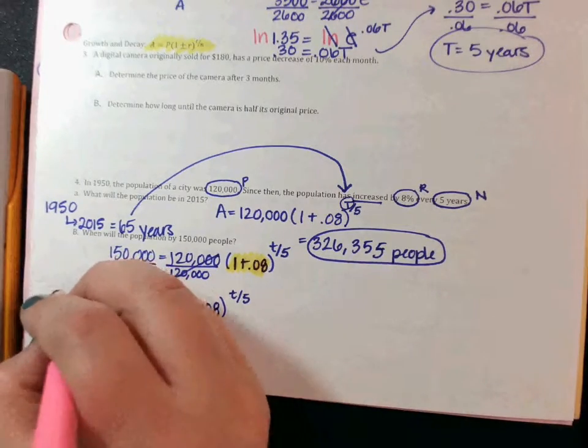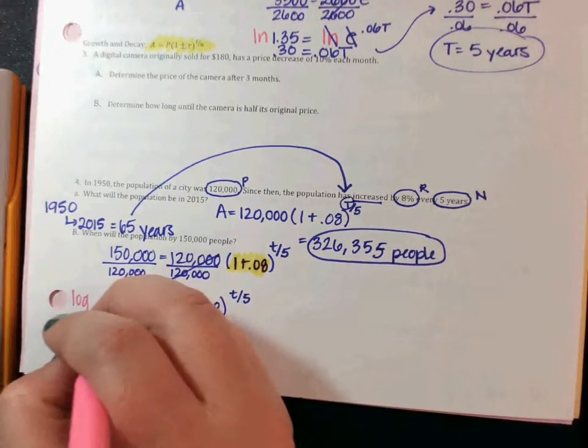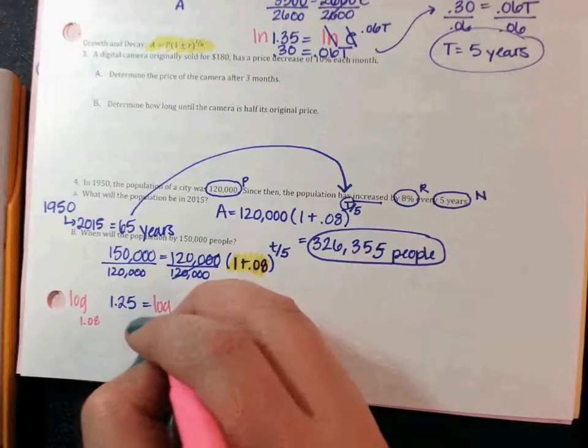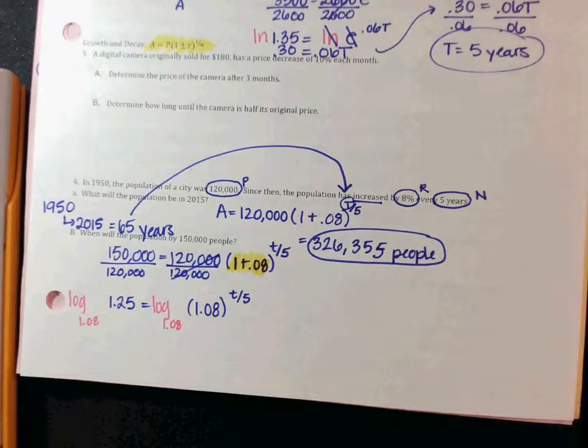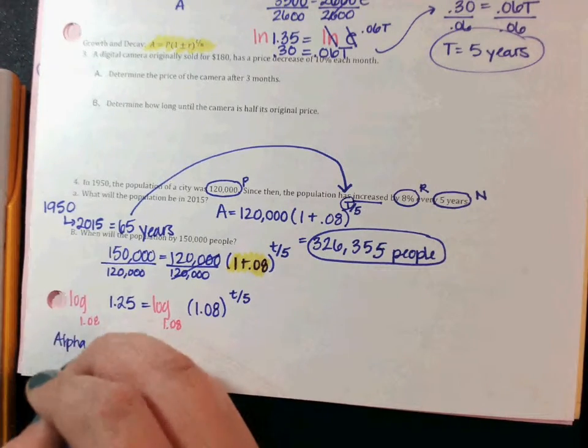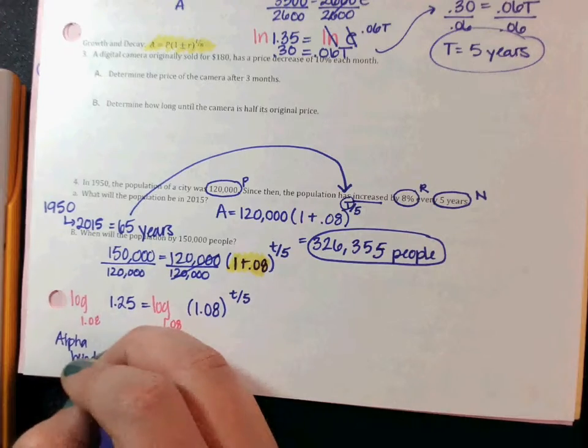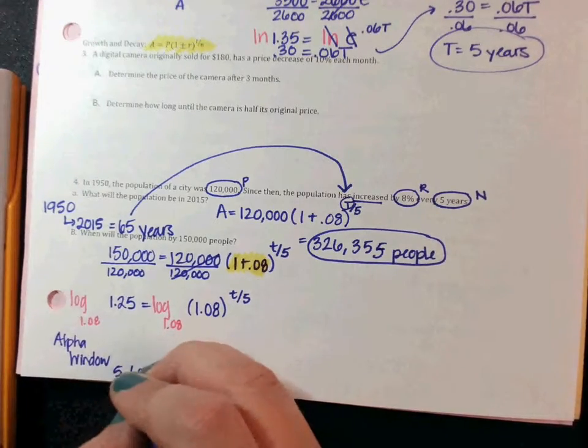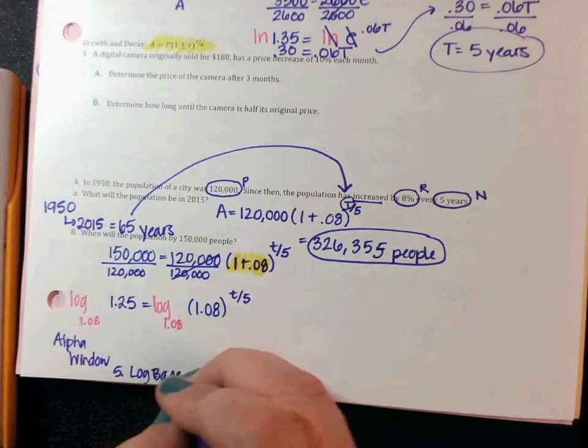So I'm going to do log 1.08. And then remember in the calculator to pull this up, it's alpha window, and then option number 5, which says log base, for you to type that in.